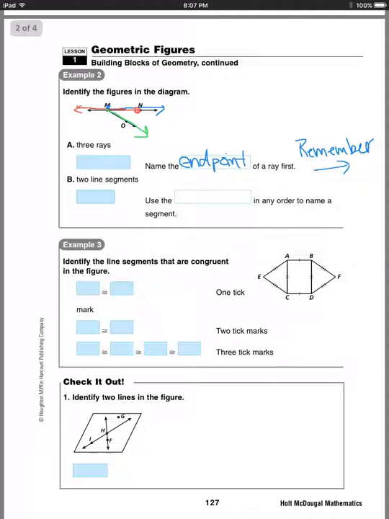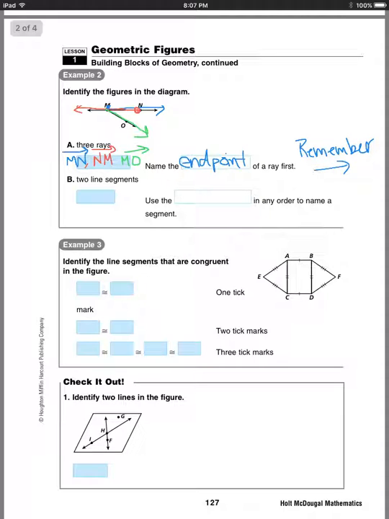So our blue one starts at M and goes to N. M's our starting point, N's the closest to the arrow. Our red one starts at N as a starting point and goes towards M with the arrow. And our green one starts at M and goes towards O with the arrow.